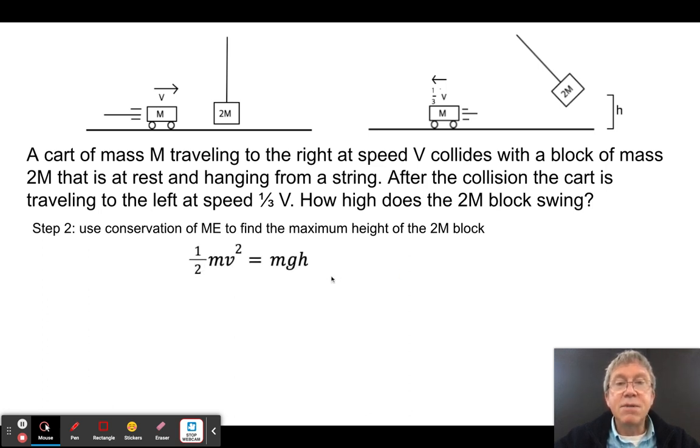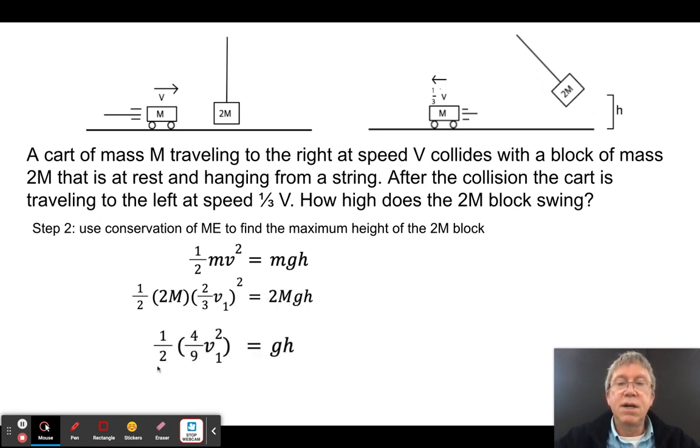Now, to do that, after the collision this block had some velocity, so it had kinetic energy, and it's going to convert that into mgh. It's going to stop at a certain height, and all of its energy is going to be converted into potential. So what was its kinetic energy? It has a mass of 2m, so 1/2 mv squared, with 2/3 v1 as its initial velocity, and that's going to equal 2mgh.